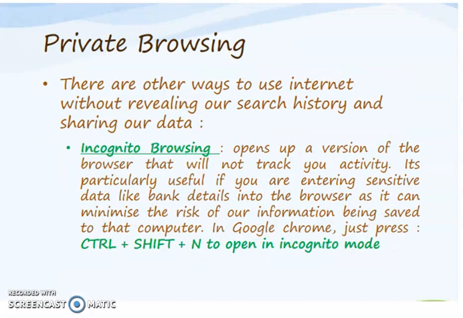Next one, private browsing. There are other ways to use the internet without revealing our search history and sharing our data. First one is incognito browsing. For this, open a version of the browser that will not track your activity. It's particularly useful if you are entering sensitive data like bank details into the browser, as it can minimize the risk of our information being saved to that computer.